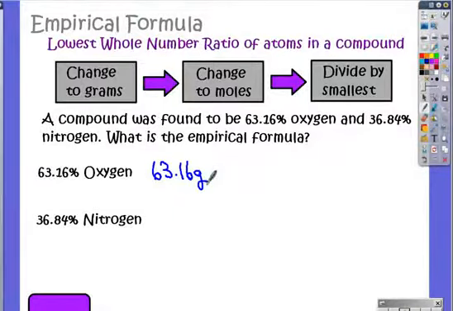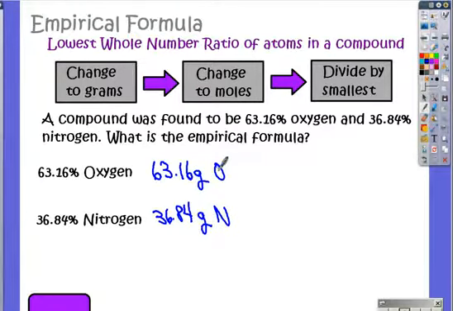So when I say change it to grams, literally all we want to do is take the percent and turn it into grams. I'm going to do that for the nitrogen: 36.84 grams of nitrogen. Just change it to grams.